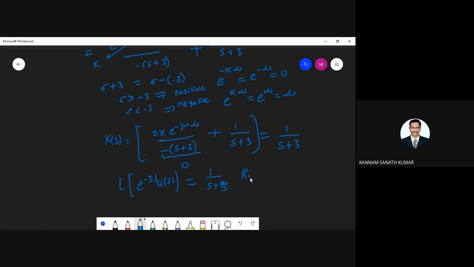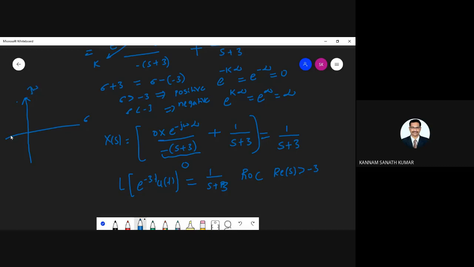What is ROC? ROC is real part of s greater than minus 3. So the given function converges for real part of s greater than minus 3. So it is right half of the s plane. So if you draw the diagram, this is sigma and this is j omega.